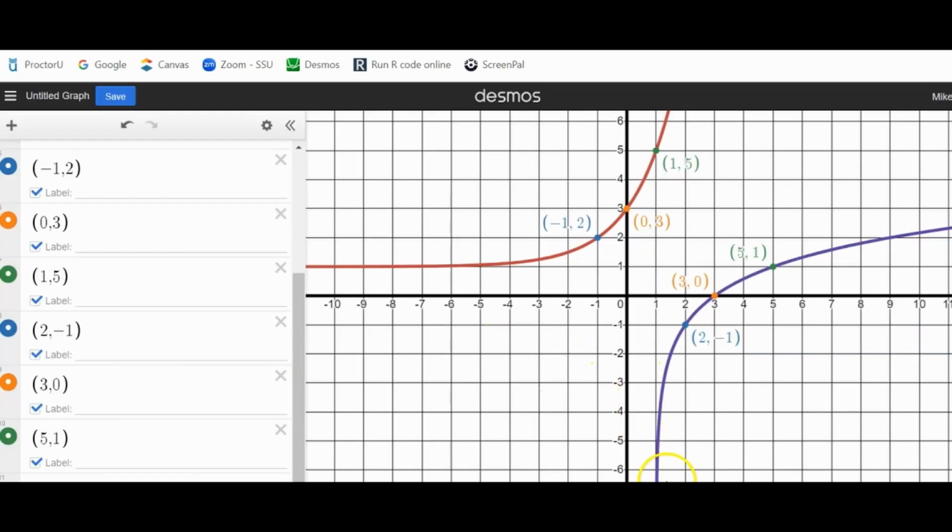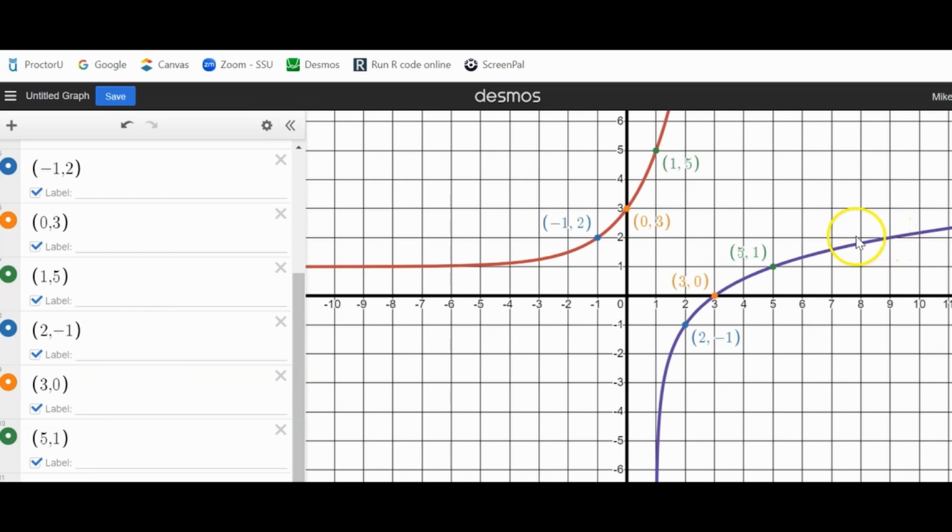Here you can see there is this graph right here, and you can see this graph is right here. These two graphs are inverses. So if this is the graph of f of x, then this is the graph of f inverse of x.